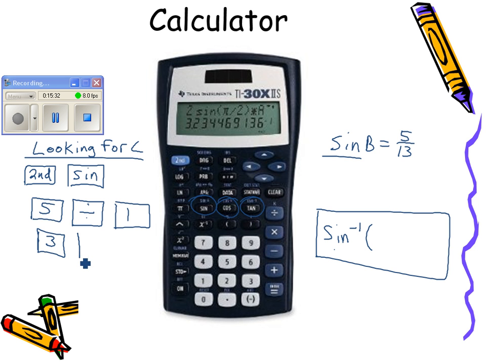You can close the parenthesis if you want. Sometimes I like to do it just to make sure I'm doing it right. And then you hit enter, or equals. And when you do all that, it tells you what that angle was, what the actual measure of angle B in that triangle was.